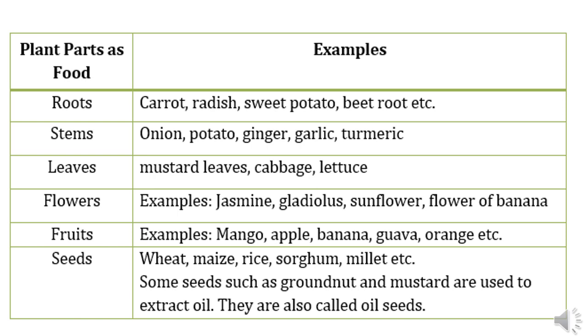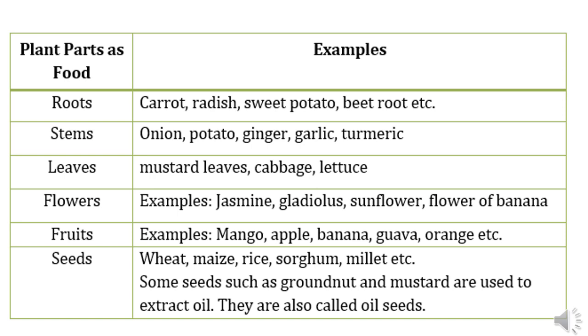They are stems because they are the swollen part of a stem. They grow under the ground, but they are actually part of a stem only that swells. Onions are also called stem bulbs. So the stems that we can eat are onion, potato, ginger, garlic and turmeric.